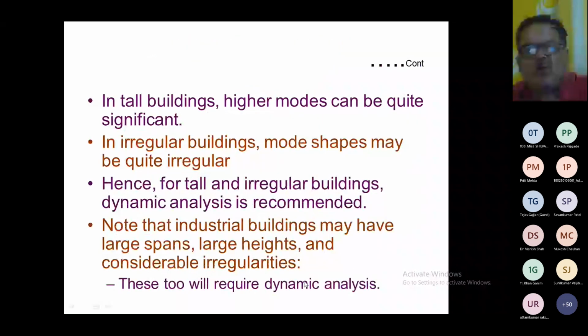When we are talking about tall buildings, I told you higher modes may be significant, because the lowest frequency is the fundamental frequency, and in the case of tall structures the higher modes matter, so we have to count them, right? The frequency is the square root of k by m.